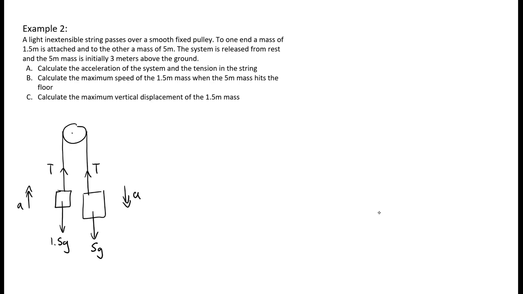The fourth step is to apply F equals ma to each object. So for the 1.5 g weight, if we choose up to be positive, we will have T minus 1.5g equals 1.5a.